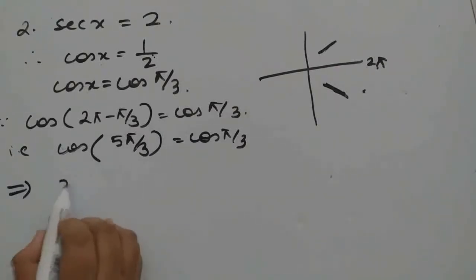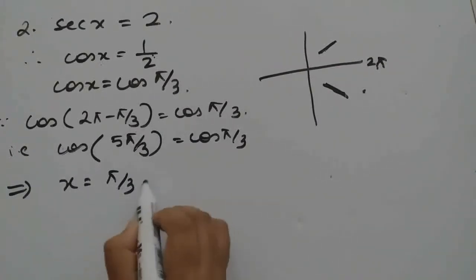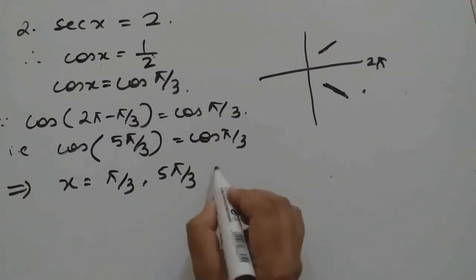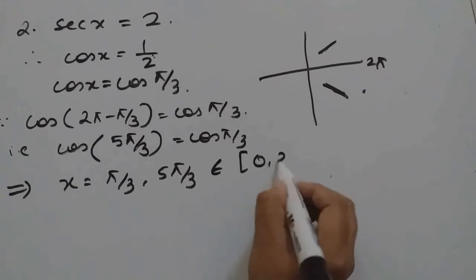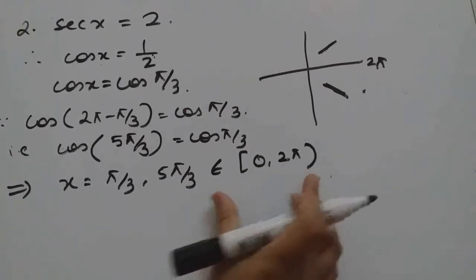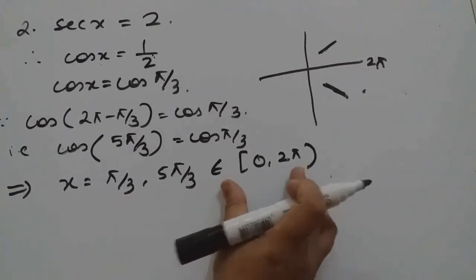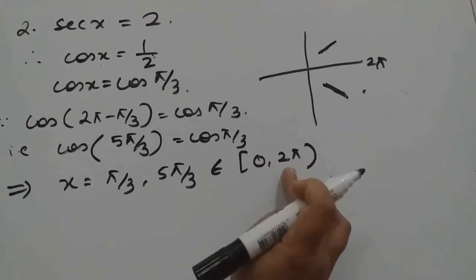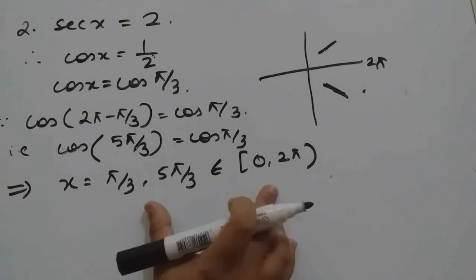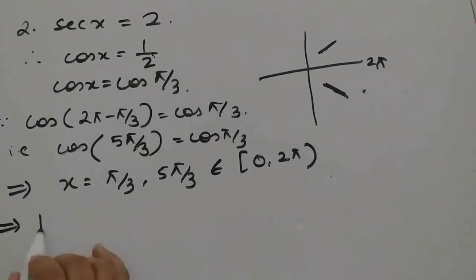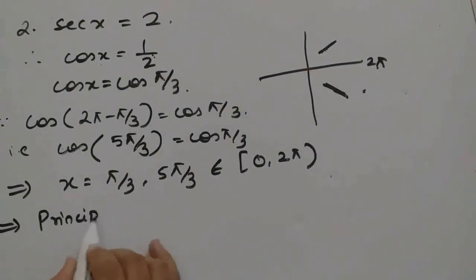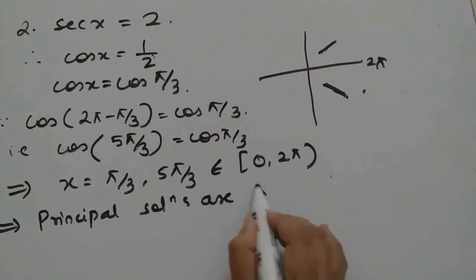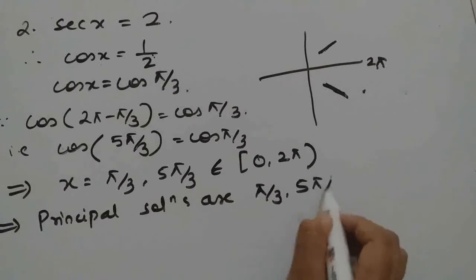That implies x values are pi by 3 and 5 pi by 3, which belong to 0 to 2 pi. These two values lie between this interval, x greater than 0 and less than 2 pi. So therefore the principal solutions are pi by 3 and 5 pi by 3.